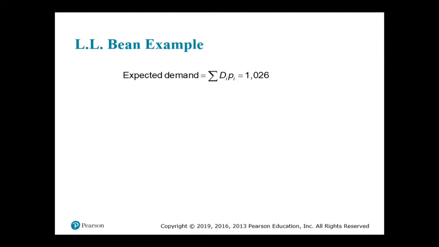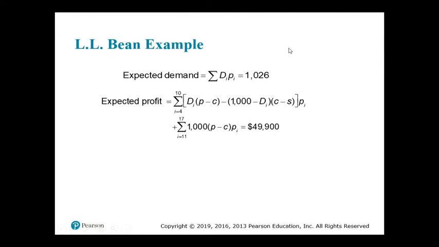So then, if say LL Bean is placing orders according to expected demand, the buyer would order around this expected demand value, and let's say they do a rounding and just order 1,000 units.